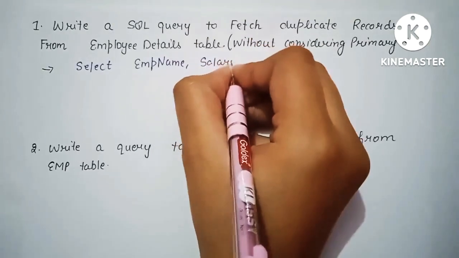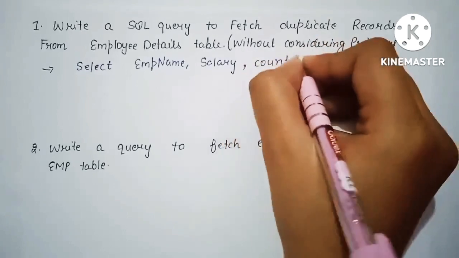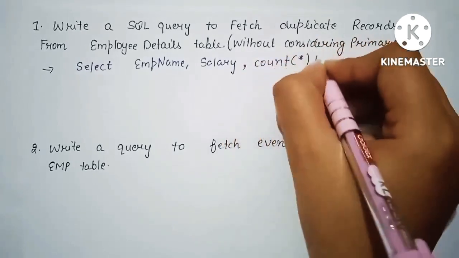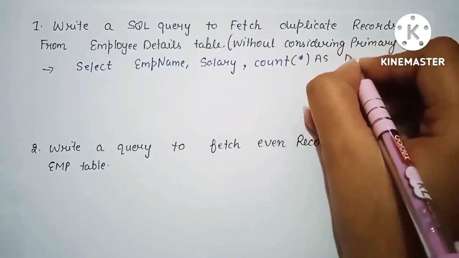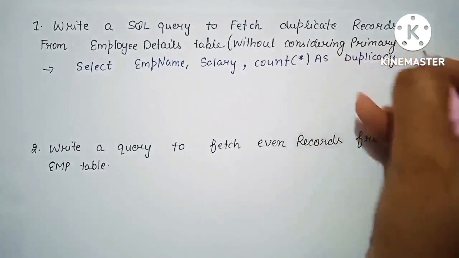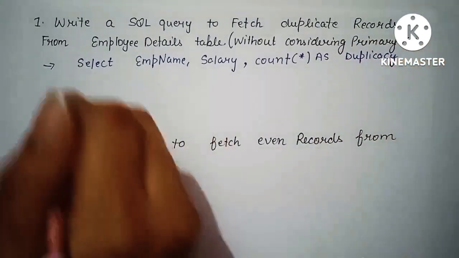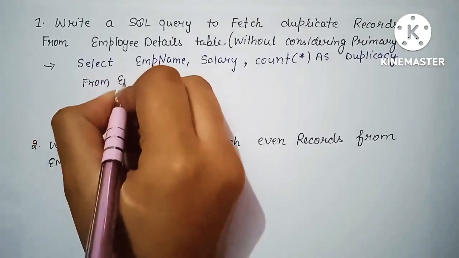Salary. And the next is count star, and we can name it, let's say, duplicacy. Now from which table? From employee details.